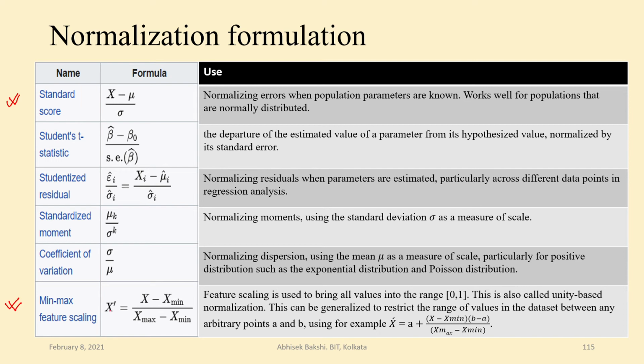This particular normalization is highly used in most learning processes, and this one is also used. I'm not saying that these other options are not correct. I'm saying that in most cases either this one or this one is used, and in some cases there is a possibility to use one of these other approaches also.